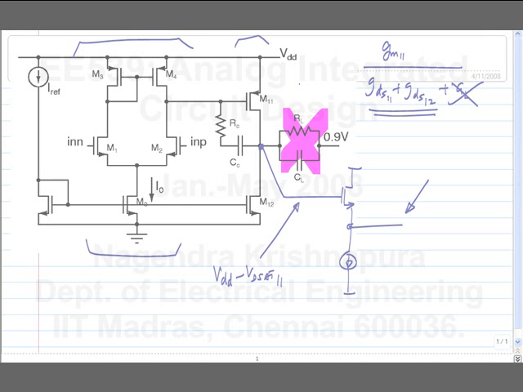Now, what length would I use in the output stage? Would I use minimum length? Would I use much more than minimum length? What should I use? Maybe, in fact, the other way around, I will decide what length to use and then use an appropriate current mirror.